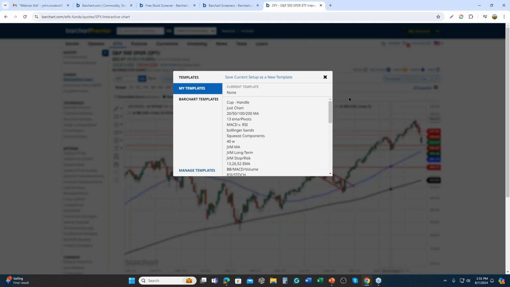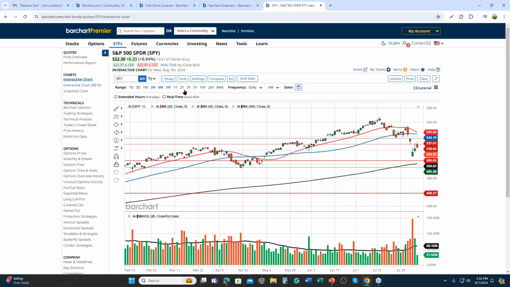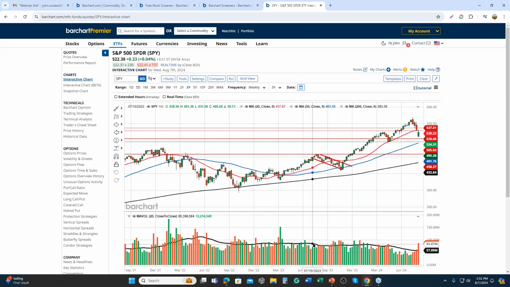Now let's check this in terms of volume. I think we'll see a similar story. Peak volume near the bottom as we're starting to turn up, and then as we're breaking out, we're starting to see some greater volume. Now on a weekly basis, we probably wanted to see a little bit more volume on this one. So this one might have been a harder one to swallow or at least take.